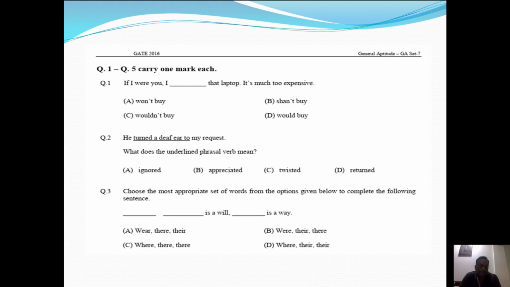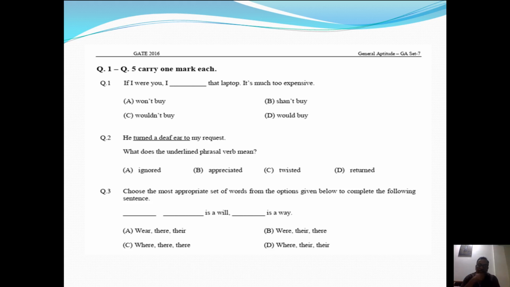How? See. Where, option C is the correct one. W-H-E-R-E, where there is a will, there is a way. Where, not WEAR, not WERE, but it is option C. Where there is a will, there is a way.